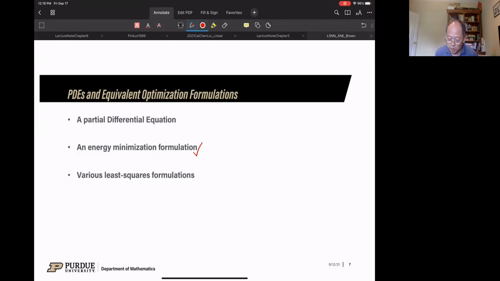After a couple of years of trying, we never had a success, because first of all, the problems in the lab are so complicated, and second, what we learned is that whatever you do shouldn't be intrusive, which means you cannot touch their discretization schemes. But anyway, let me explain what the least square formulations are.